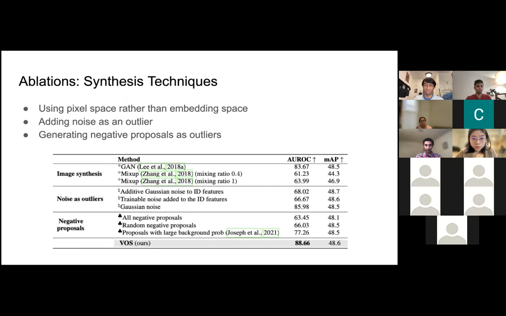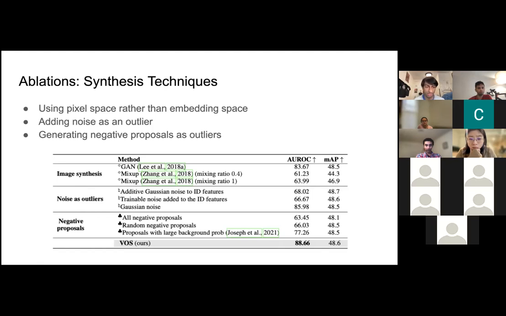Okay, and then now looking at some of the ablations. There are these 3 ablations that they have for synthesis techniques. The first one is using the pixel space rather than the embedding space. So we saw before they have these distributions that are set up on the hidden representation space for an image, as opposed to the pixels themselves, to make these clusters.